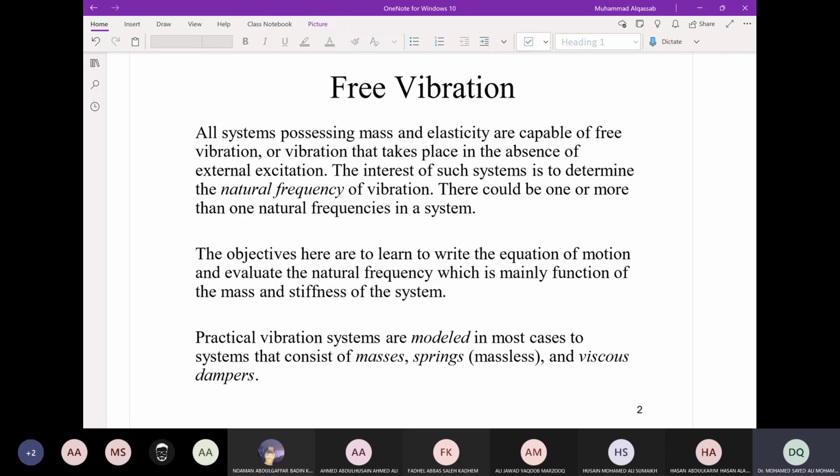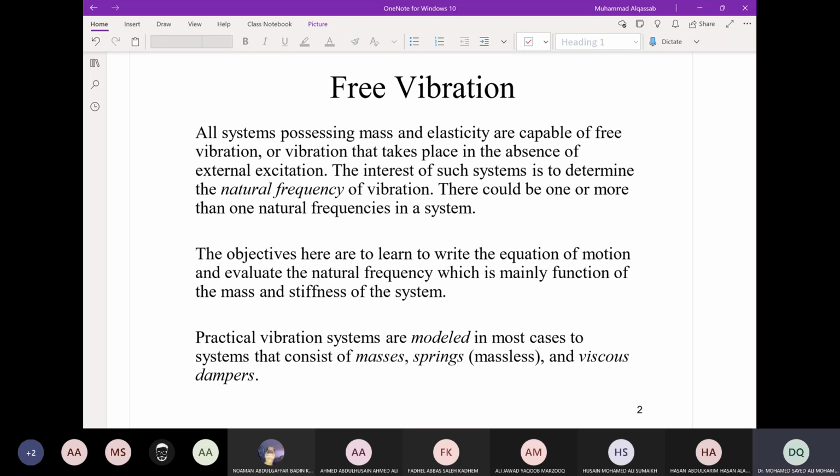It's done by using some sensors and frequency analyzers, instruments that can measure the vibration and then process it to find the frequency. So the natural frequency will be determined in free vibration.